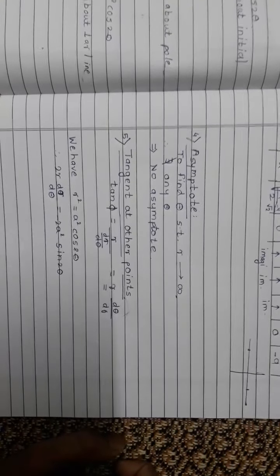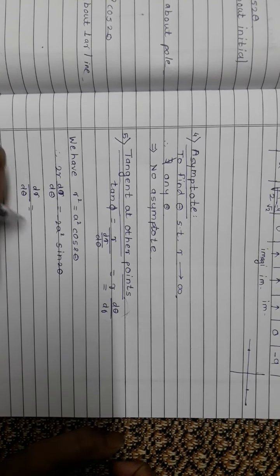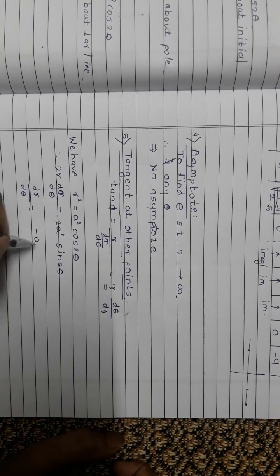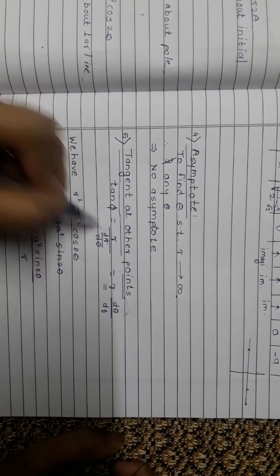So this is minus 2, the 2 will get cancelled, right? So what is dr by d theta? Dr by d theta is nothing but minus a square sin 2 theta divided by r. Correct?